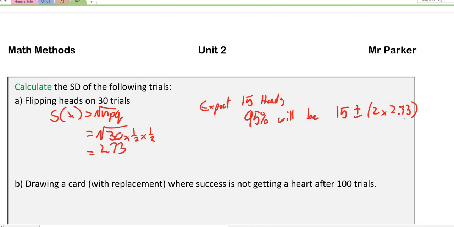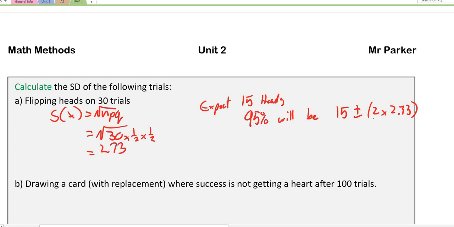So what I mean by that is, let me rephrase that. If 95% of the time when I do my 30 trials, flip 30 coins, that's what I do in my spare time, 2.73 times 2 is about 5.